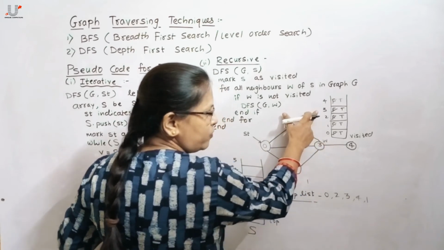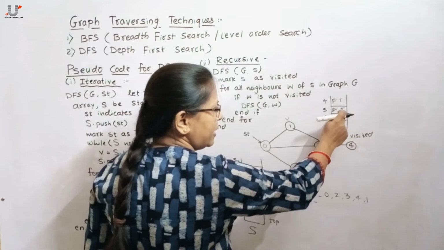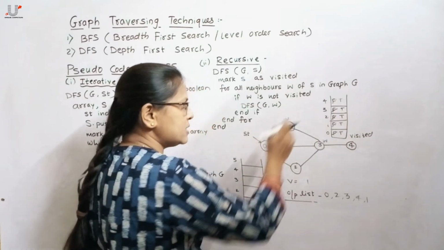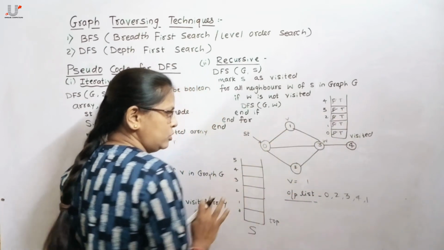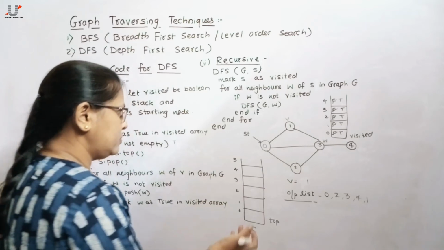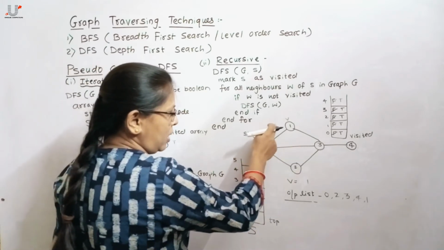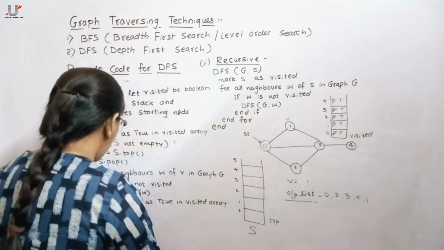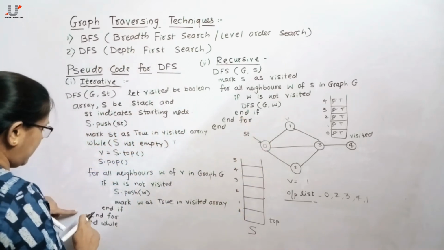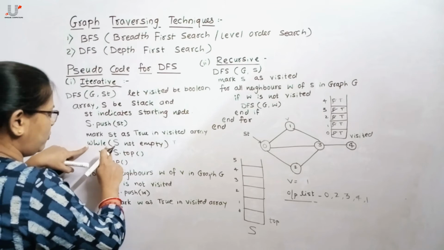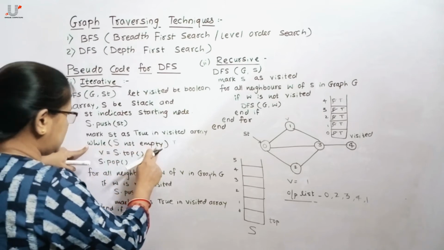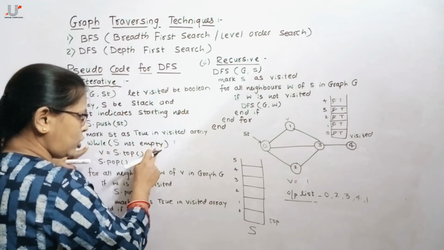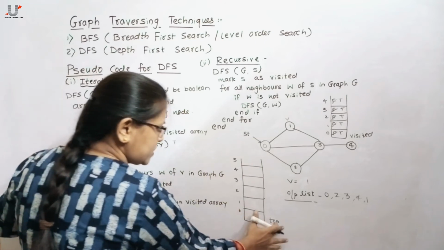Check the status of that 3 in the visited array. As it is true, that means it has already been visited, so don't visit it again. Then no unvisited vertex is remaining for this 1, so end for, and it will move to the while loop. Again check the status of the stack.